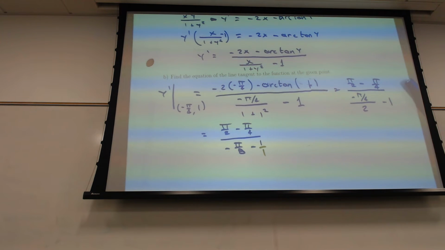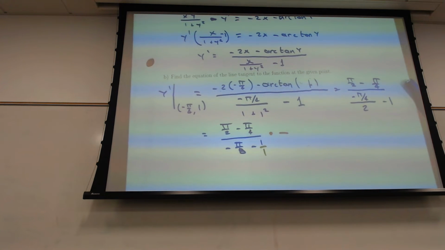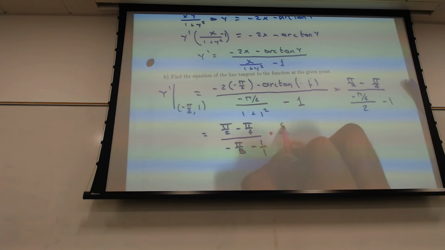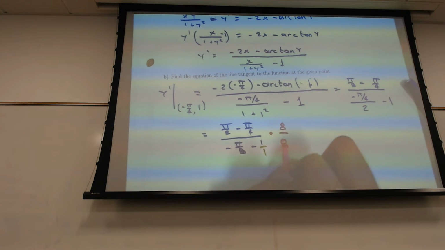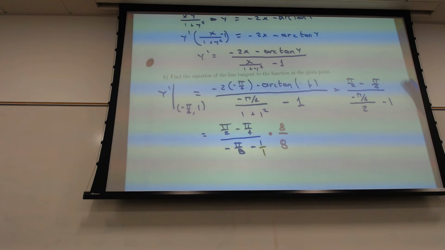And of course, there's a couple of ways to simplify this complex fraction. Method 1, by looking at individual numerator and denominator, or method 2, which is the one I'm going to do, which is multiply numerator and denominator by the least common denominator of every single denominator here. And in this case, that's the number 8. Because 8 will divide the 2 and the 4 evenly, and of course the 1.